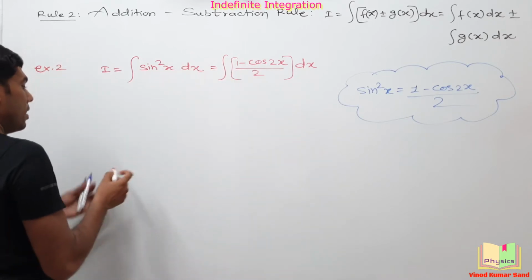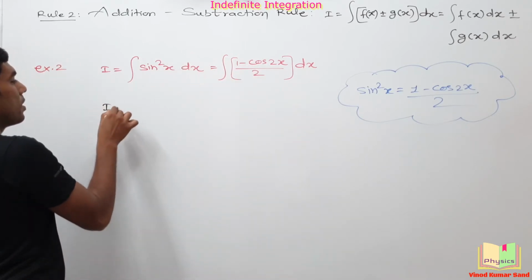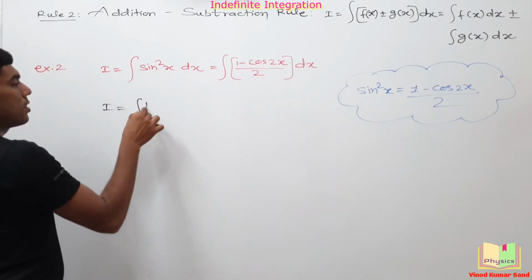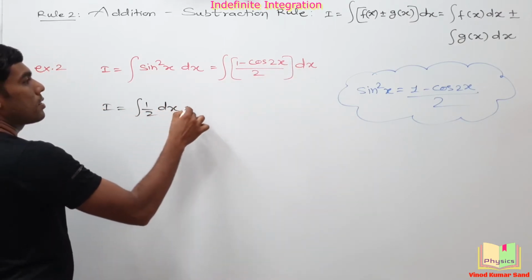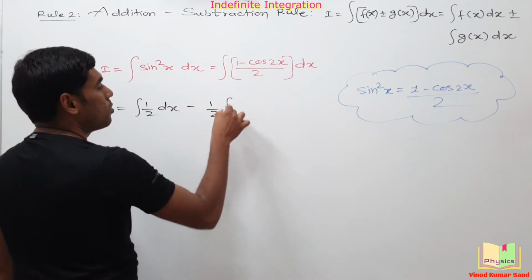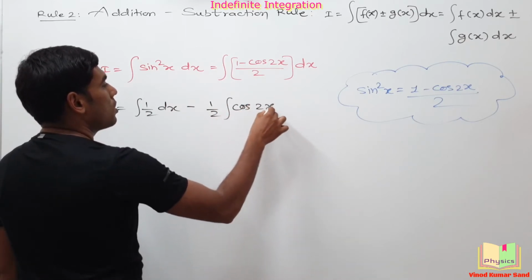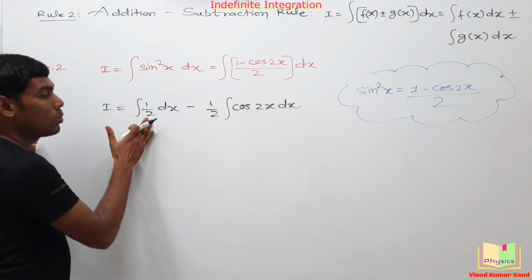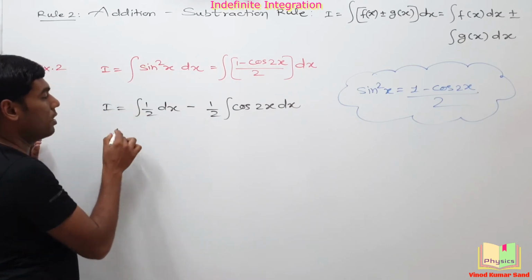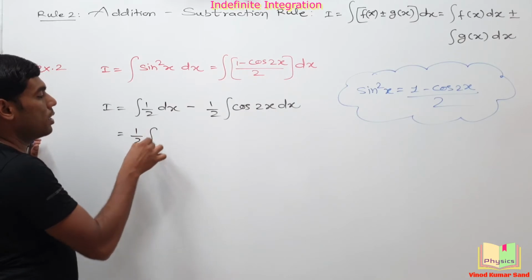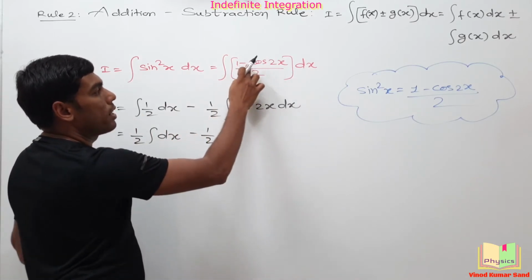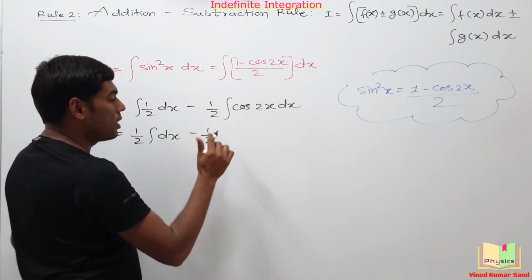Writing this again, integration of 1 by 2 dx minus 1 by 2 cos 2x dx. Do you agree? This 1 by 2 is also a constant. It can be taken outside. So this 1 by 2 I have already taken outside of the integration.